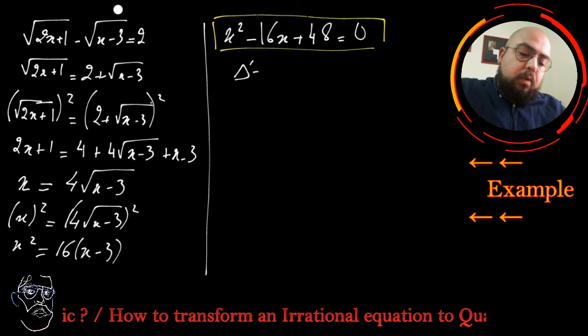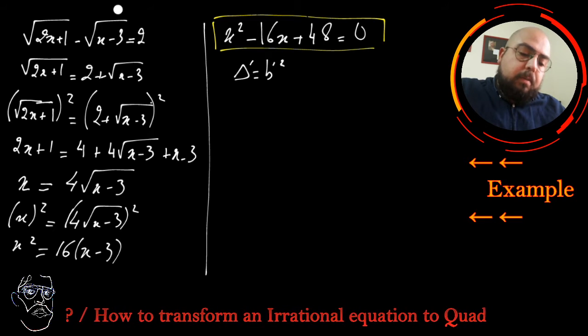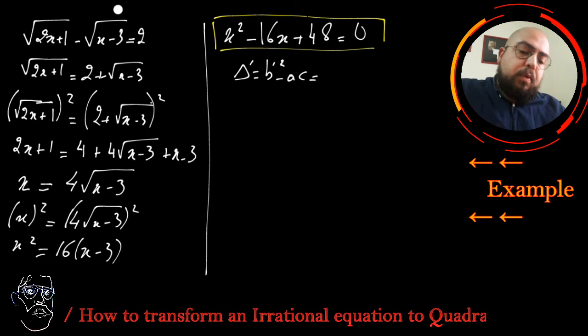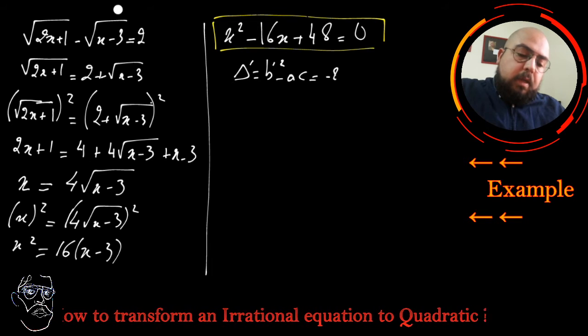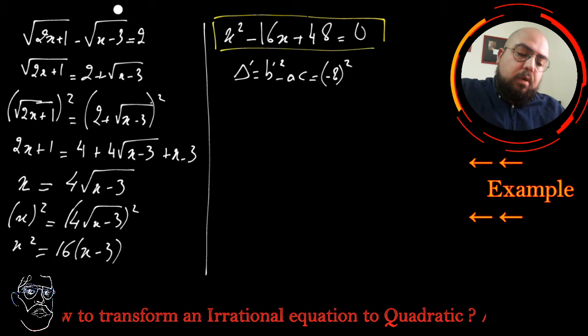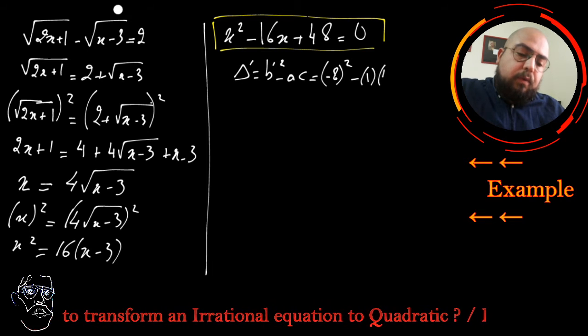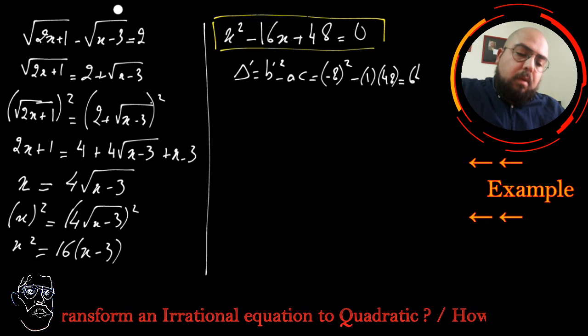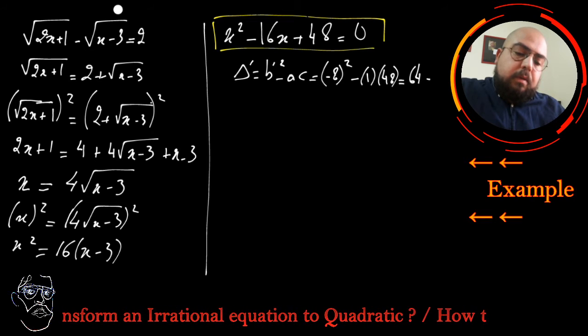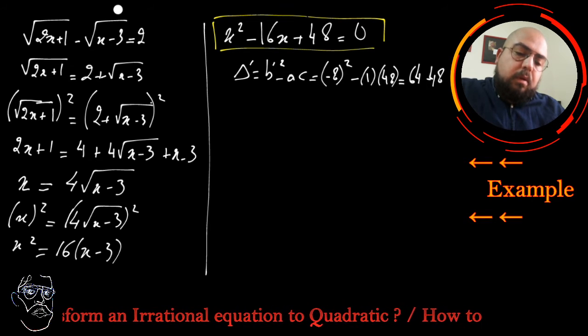Delta prime is equal to b prime squared minus ac. So b prime is actually minus 16 over 2, it's minus 8. Minus 8 to the power of 2, minus a is 1, c is 48. So it's 64 minus 48.